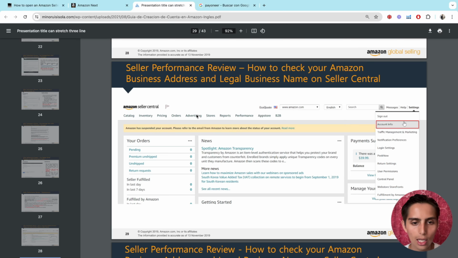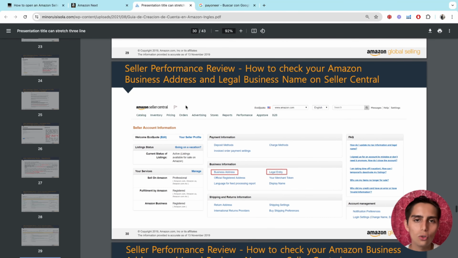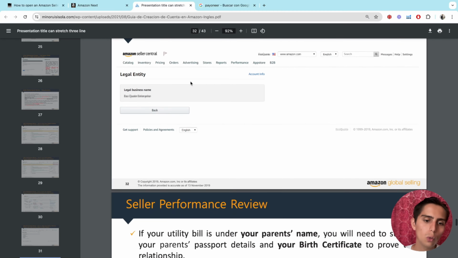So there's no issues with that. Amazon is not going to flag you for that. Actually, most sellers that just start off on Amazon are individuals. They have no company, and that's totally fine. I opened my account with just my name, with my Costa Rican ID, address, and everything. And inside Costa Rica, I had no company in the US. So that's basically what you want to do.